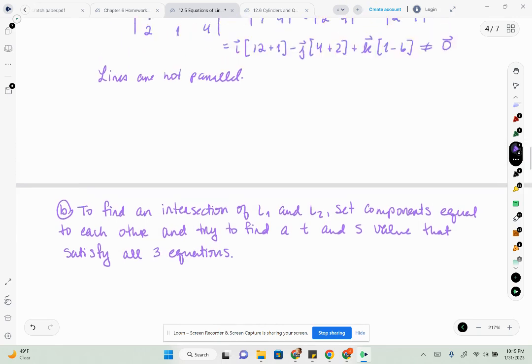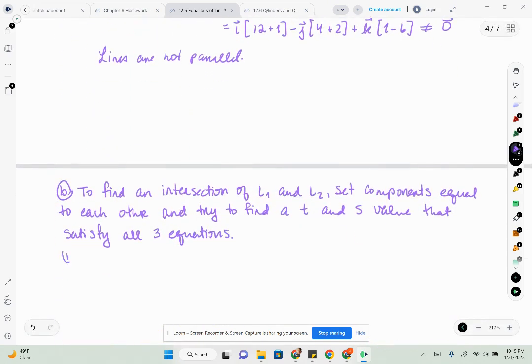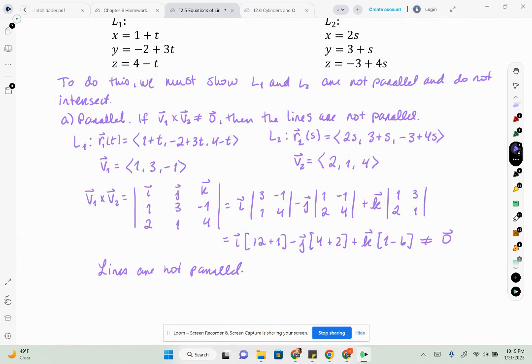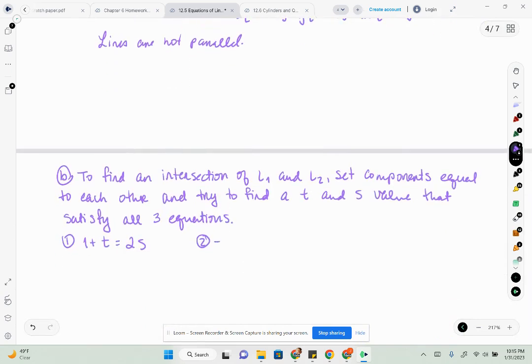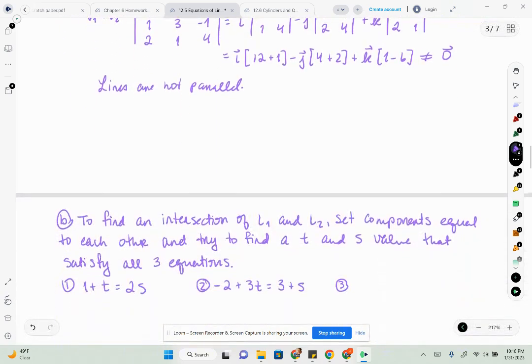Okay, so the first equation we get is setting the x components equal to each other. So we get 1 plus t is equal to 2s. All right, the second equation comes from setting the y components equal to each other. So we get negative 2 plus 3t is equal to 3 plus s. And the third equation is setting the z components equal to each other. So we get 4 minus t is equal to negative 3 plus 4s.